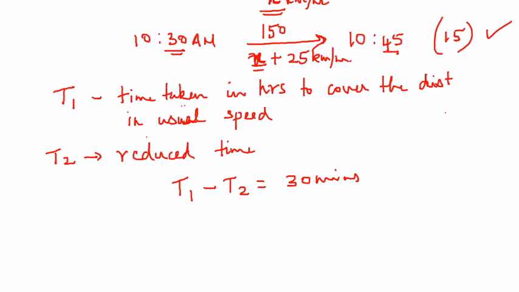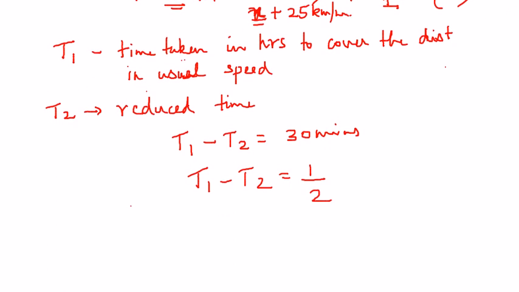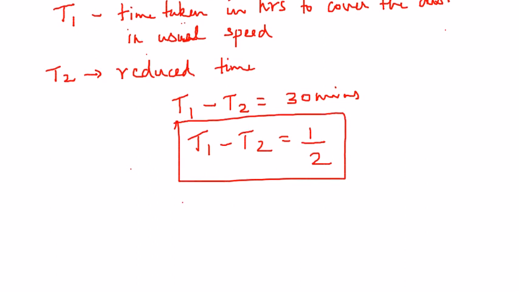So the difference between the two times is 30 minutes, t1 minus t2 is 30 minutes, which is nothing but half an hour. This is the given equation with which you have to solve for x.